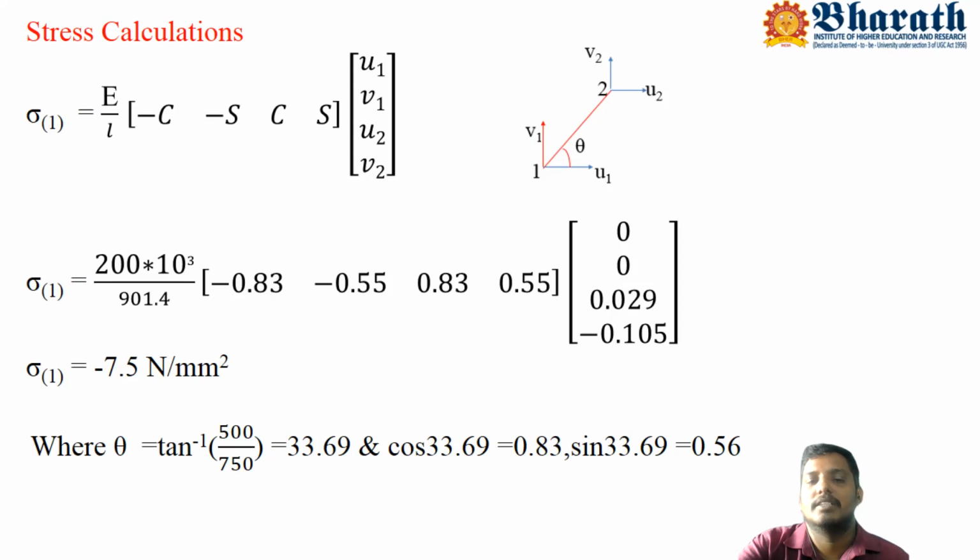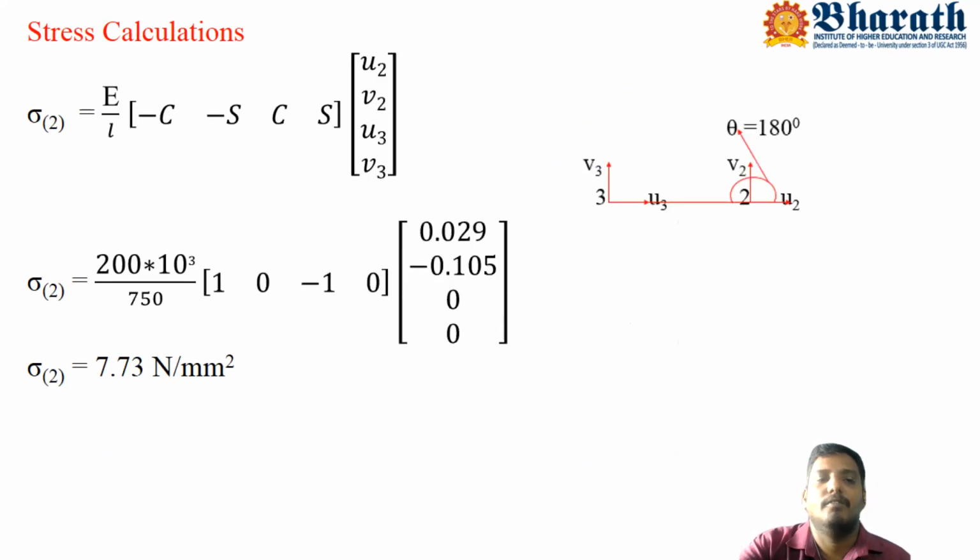We already measured theta equal to 33.69. Then we get cos theta equal to 0.83 and sin theta equal to 0.56. We substitute in the above equation and get the element stress as minus 7.5 Newton per millimeter square. The minus sign indicates that the stress induced in the element is compressive.